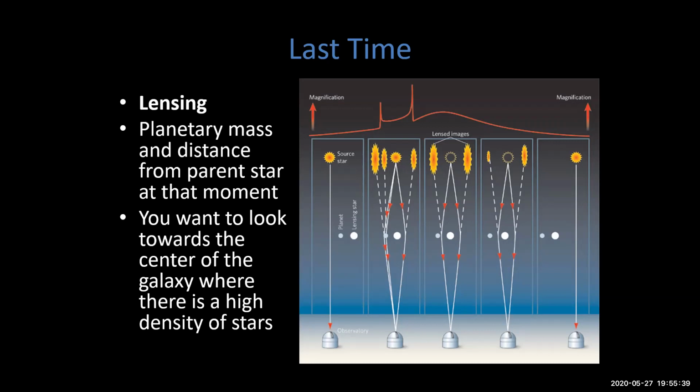But yeah, so there's this lensing method. It's a luck-based method. I don't expect this one to be focused on, and when we find one, great, but it's not going to be a huge effort.